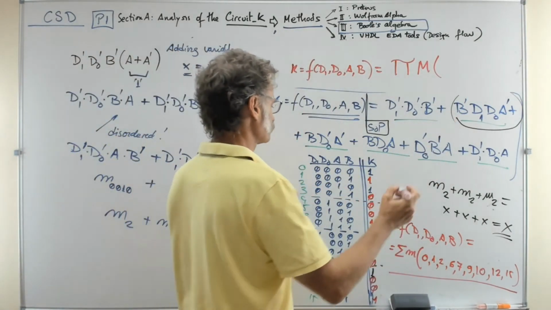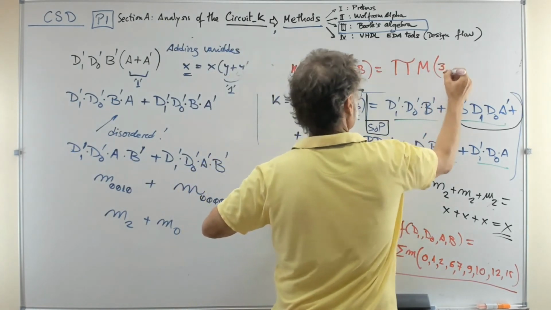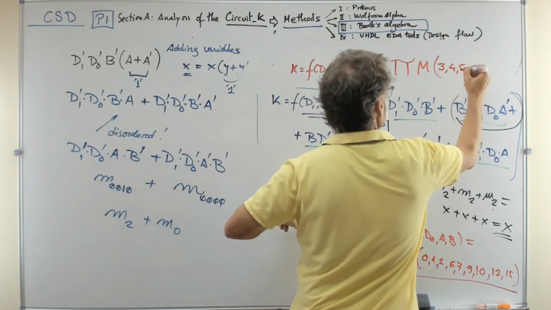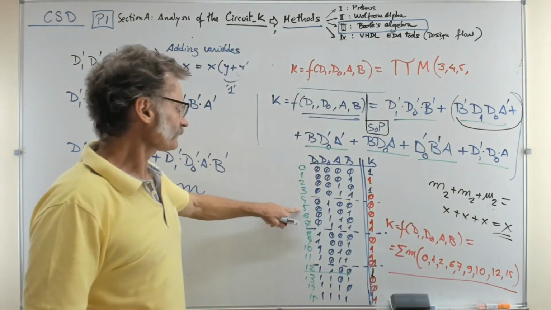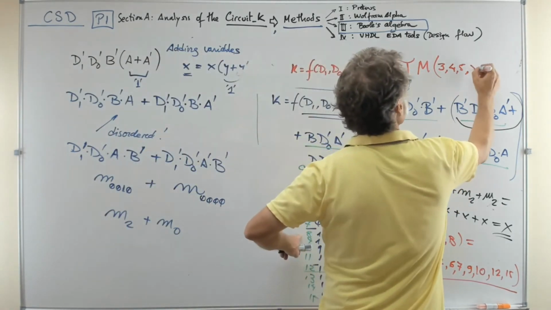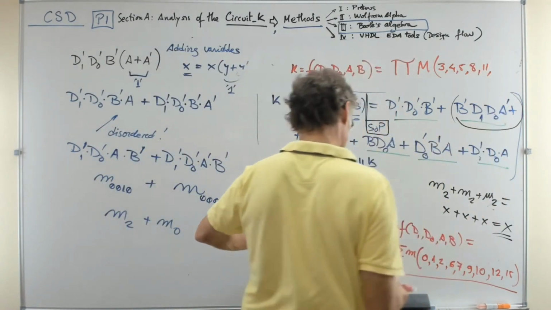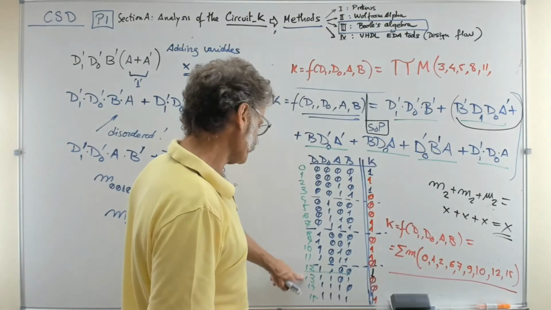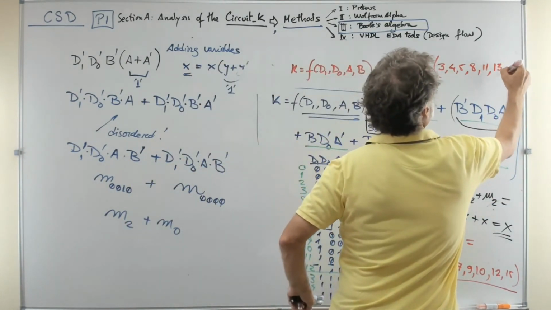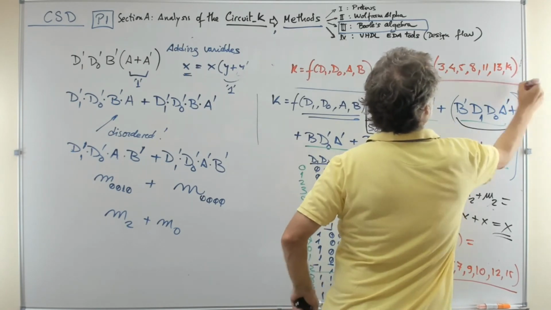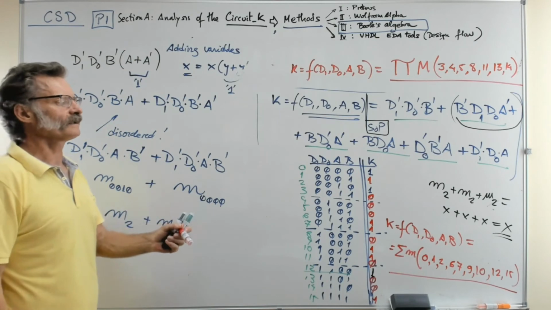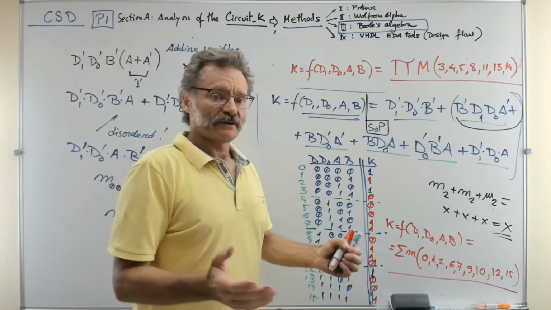The 3 goes first, okay, the 4, the 5, right, and then the 8 and the 11, and finally you have to account for the 13 and the 14.